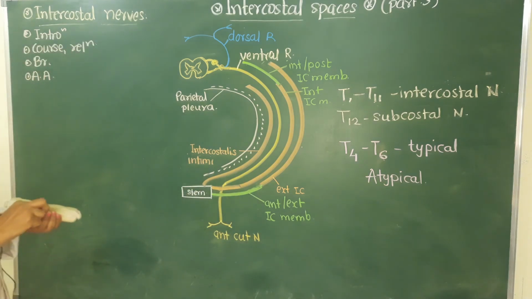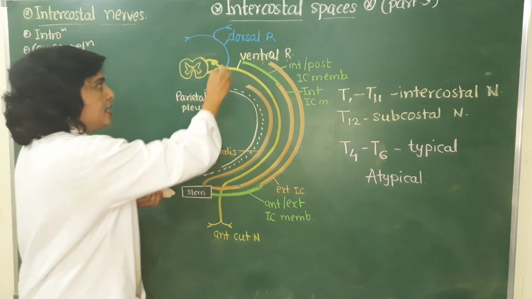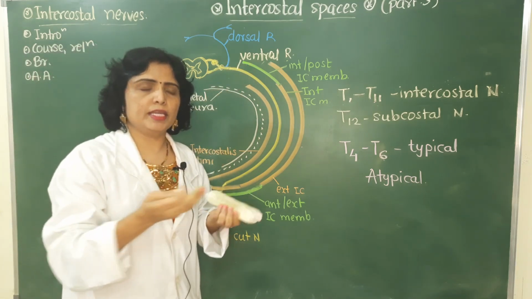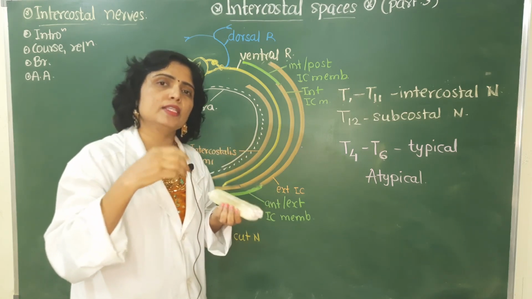Now if you see the course and relation of this intercostal nerve, at first the nerve lies along the lower border of the numerically corresponding rib. If it is the third intercostal nerve, it is related to the lower border of the neck of the third rib.